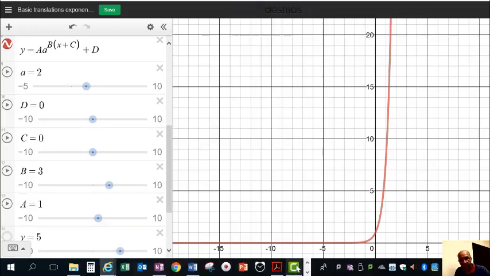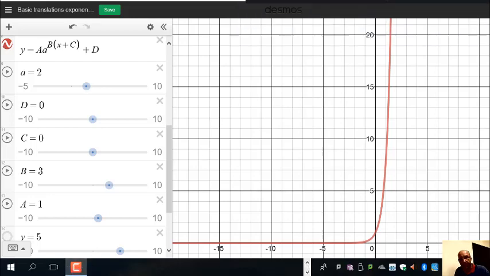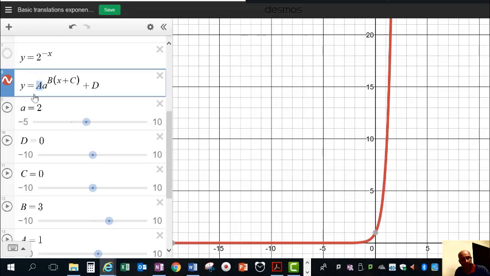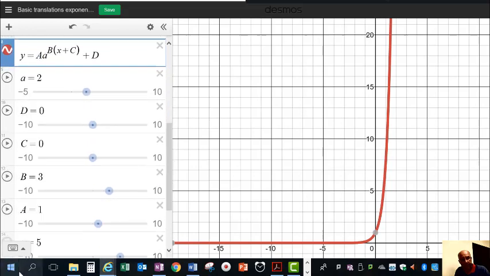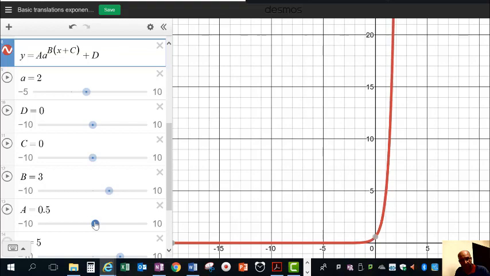Lastly we are looking at capital A on the front there, and basically it is a dilation too. It vertically stretches the graph. While b was horizontal compression or stretch, A is vertical, so it's a shape change as well.